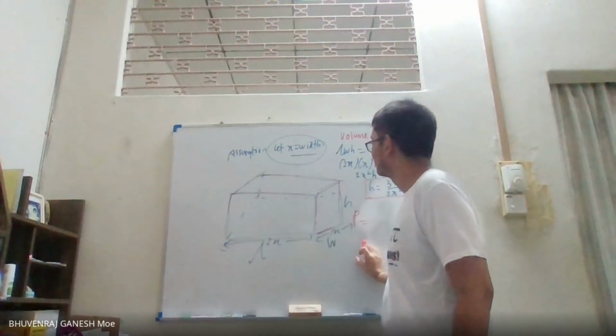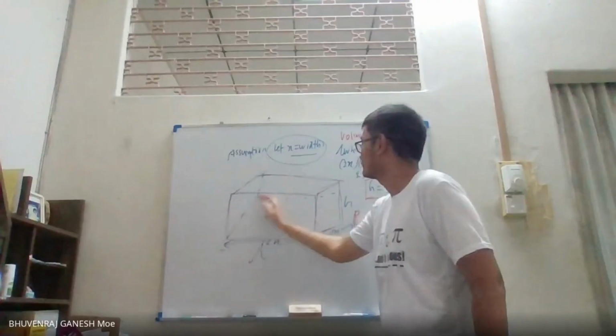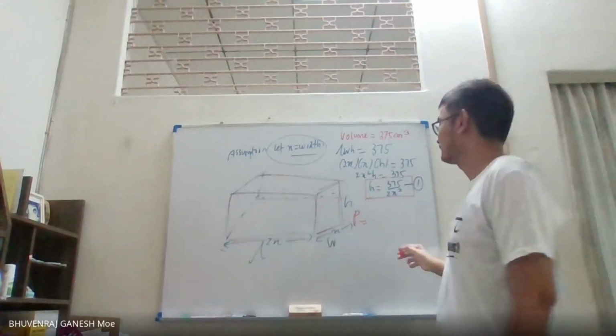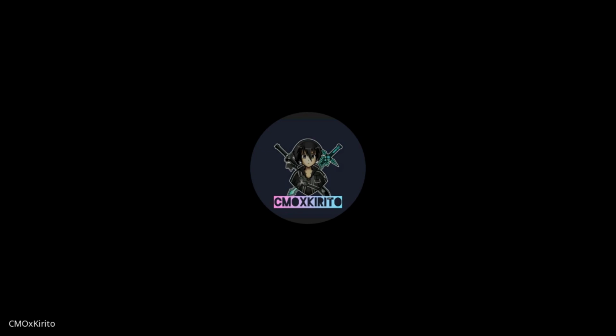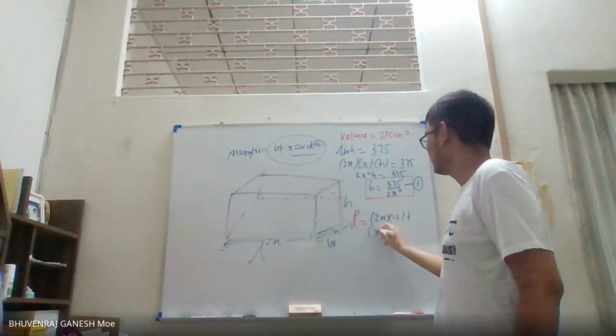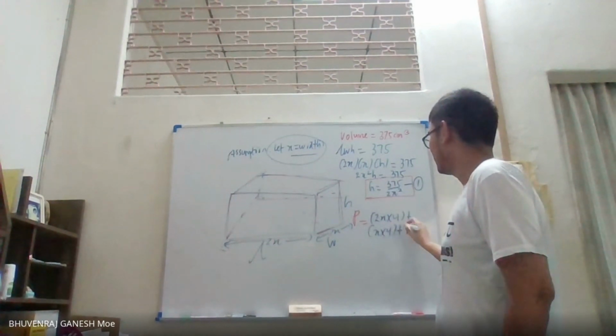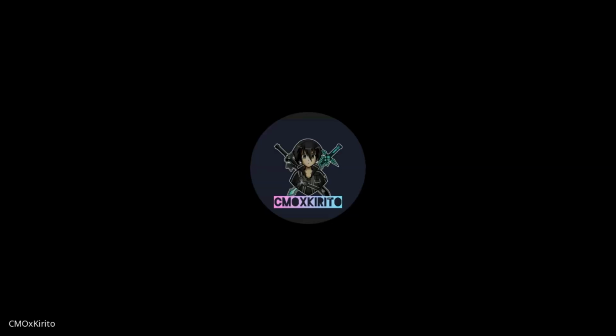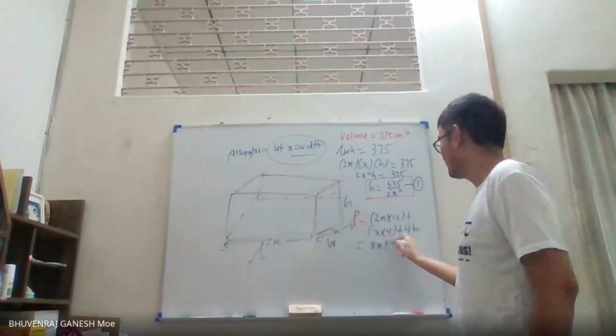The two bases have 4 each, then 4 lengths like that. So 4 plus 4 plus 4 is 12. So 2x times 4 plus x times 4 plus 4h, yeah, 4 heights. So 8x plus 4x plus 4h.